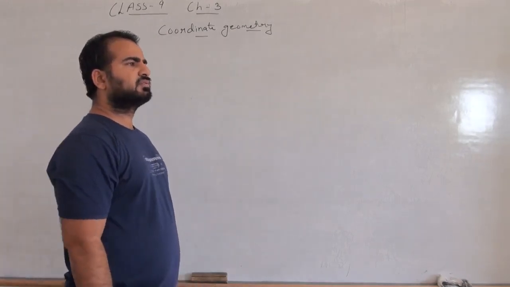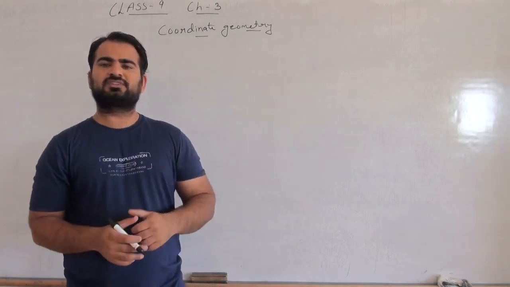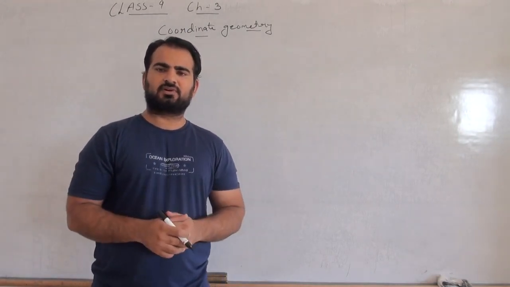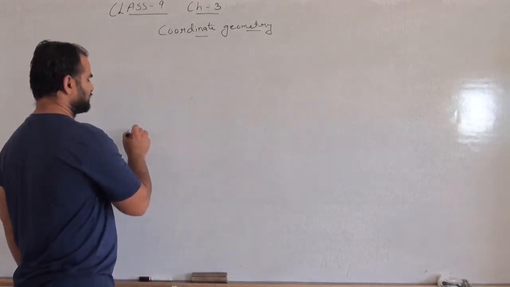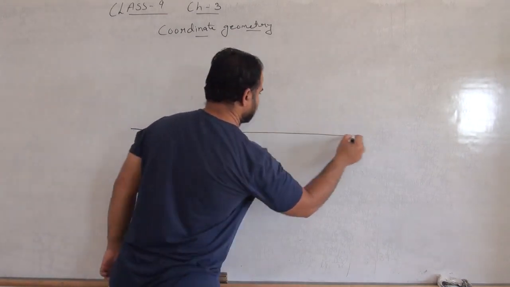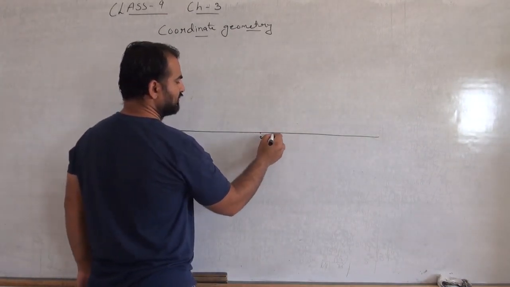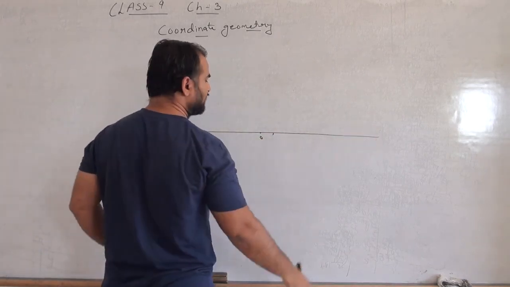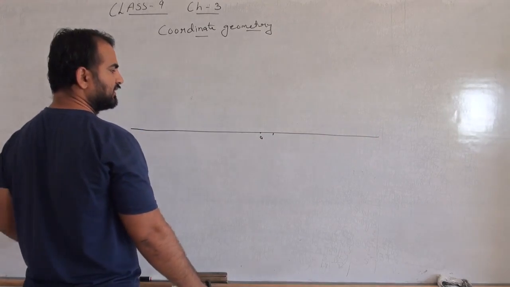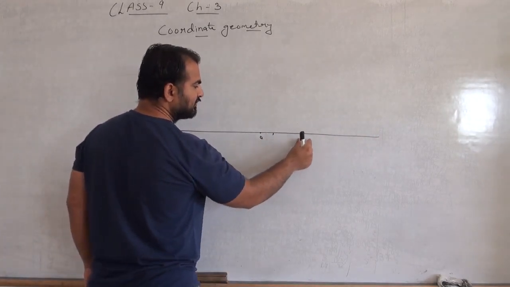Let's talk about a number line. Do you know how to draw a number line of integers? We draw it like this. This is 0. Positive numbers are on the right hand side, and negative numbers are on the left hand side, at the same distance from each other.